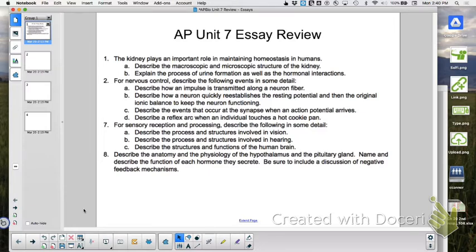Okay, on the descending loop of Henle, the way it is structured, only what comes out? Water. And then you would say the water is coming out at the descending loop of Henle. At the ascending loop of Henle, water can't come out, but salt is both passively and actively transported out of the ascending loop. Okay? Then I would talk about the distal convoluted tubule, where salt is pumped out and water follows.